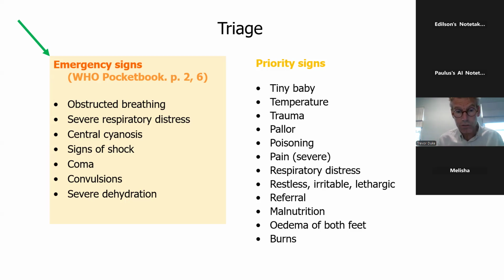If a child has all of those features, cold limbs and poor pulses, then they fulfill the definition of shock. They may be in coma, or they may have convulsions or severe dehydration. Any child you see with any emergency signs is potentially a deteriorating child. That's why they're triage category 1, and that's why they need extra attention and extra supportive care at the start.